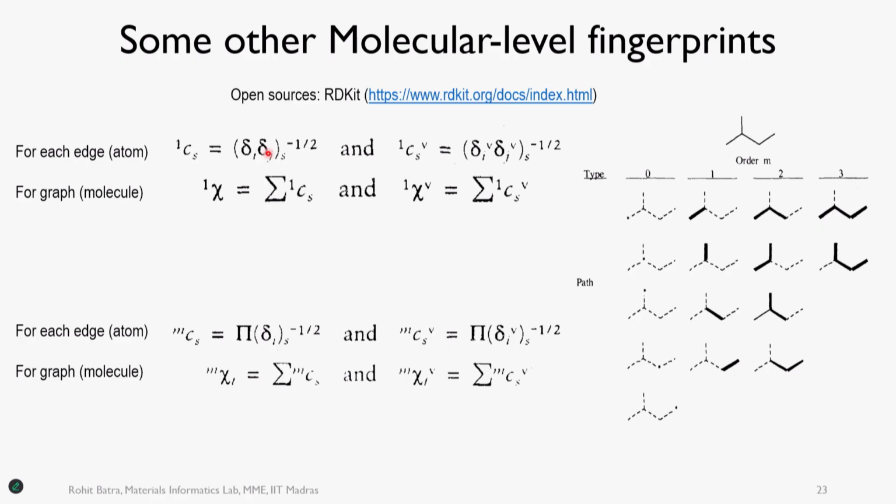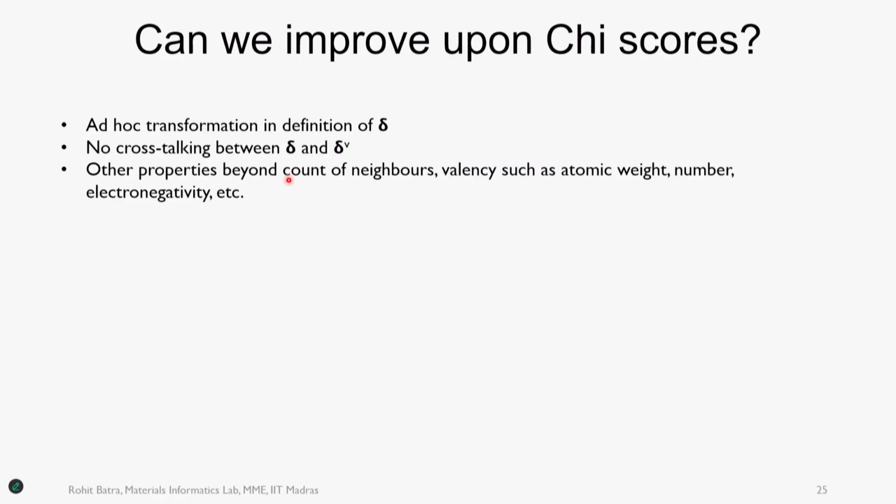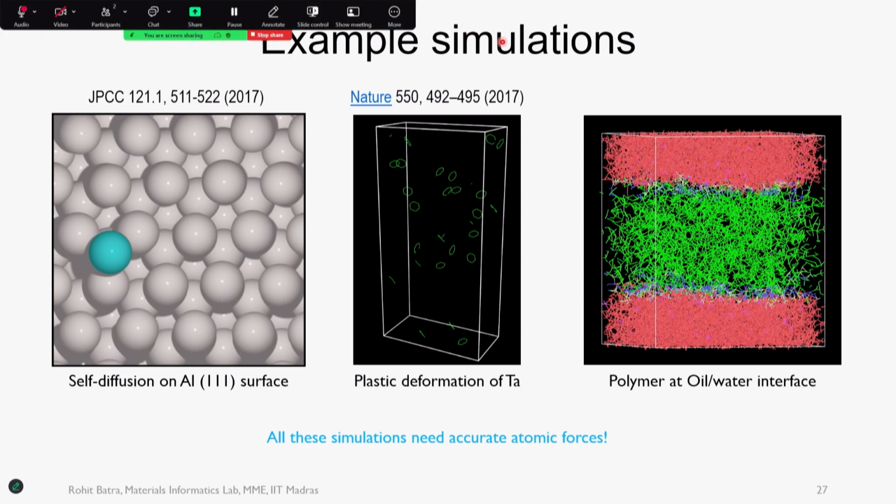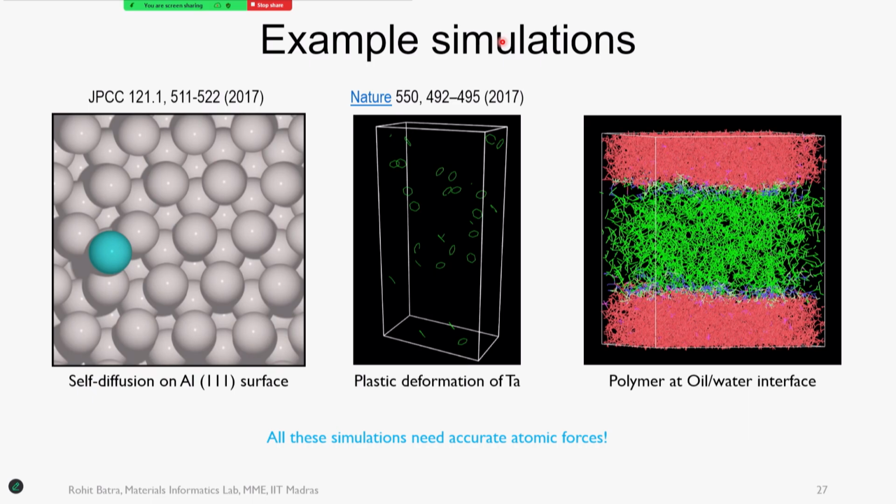In graph neural networks, this definition is learned as part of the data. And then there are finer atomic-level fingerprints which Kamal will cover tomorrow, so I don't need to talk about them.